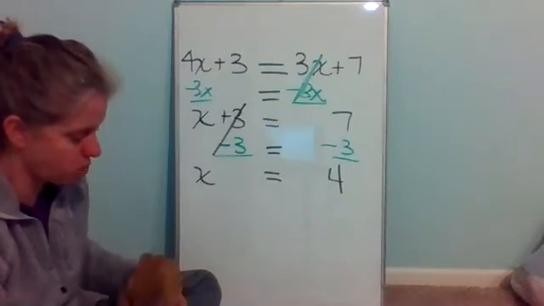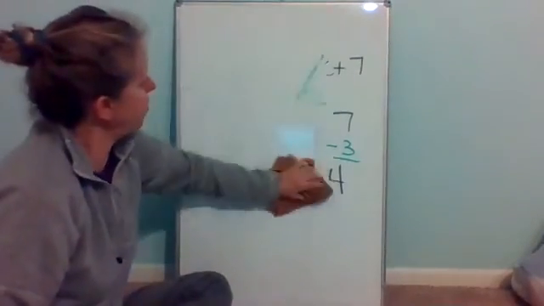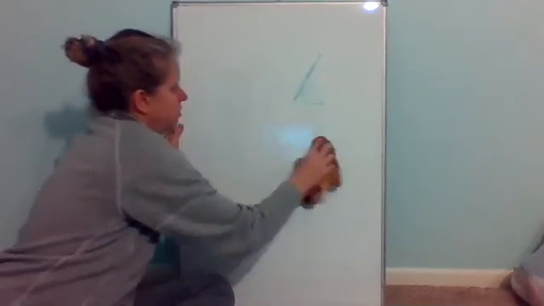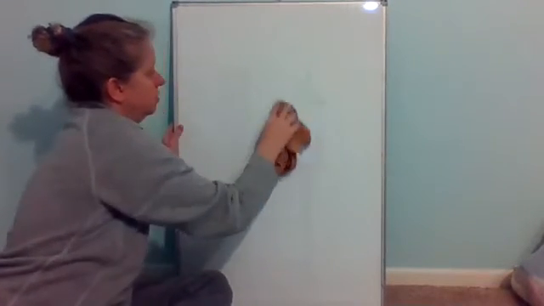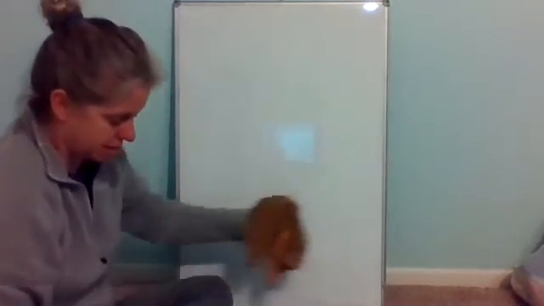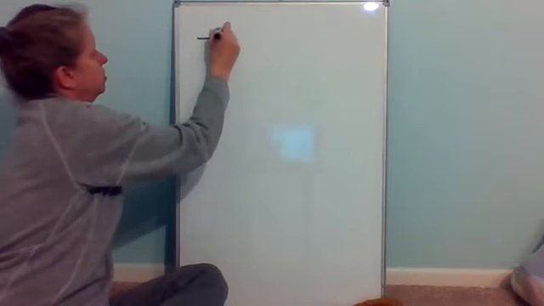Okay, number 14 is another inequality, which means a less than or greater than problem. This time it says negative 6x is less than 42.